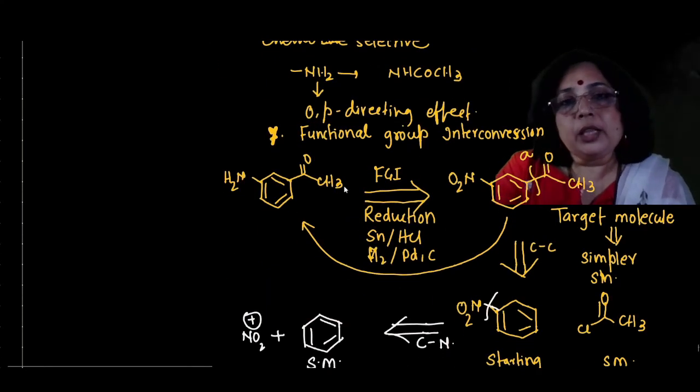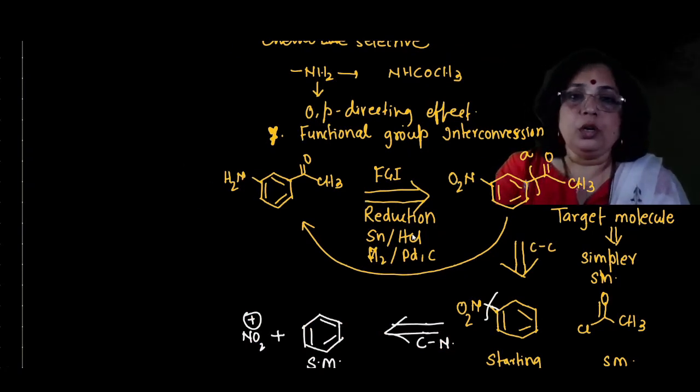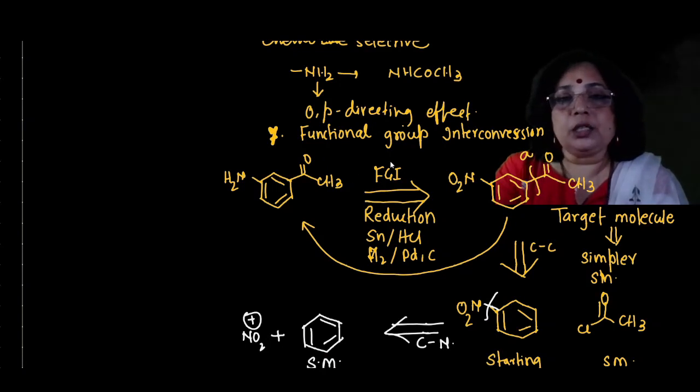When we apply the functional group interconversion, we observe that we can convert the NH2 into NO2. Now, this thought process reflects a direction from right to left. Whatever the conversion is from this point to this point, you should write whatever parameters are required for this conversion.